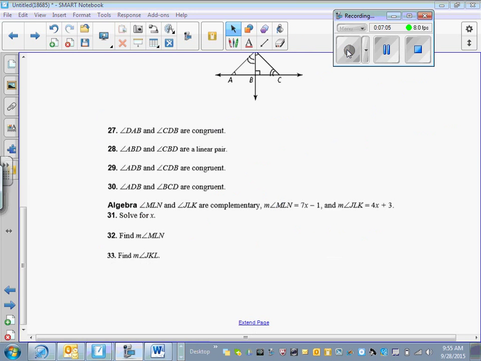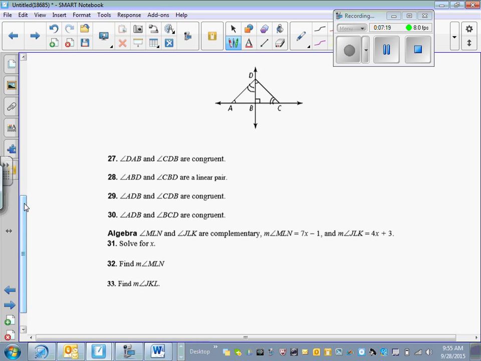Number 27 to 30 is just yes or no questions. So just pay attention. The only time you can say congruent is if they have the same marking. For example, it says DAB, this angle here, has one marking, and CDB has one marking, so this will be true.